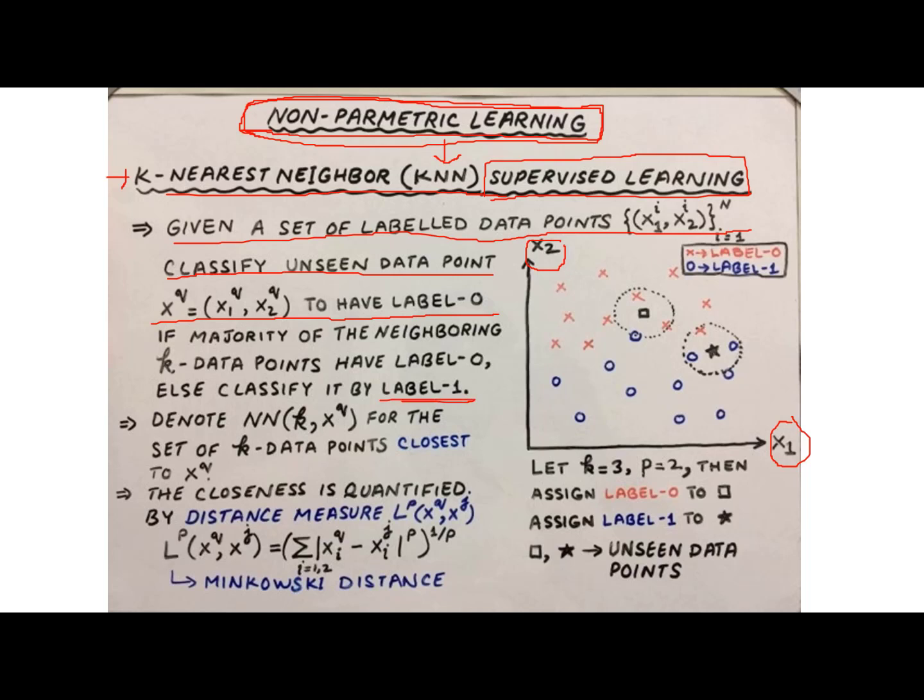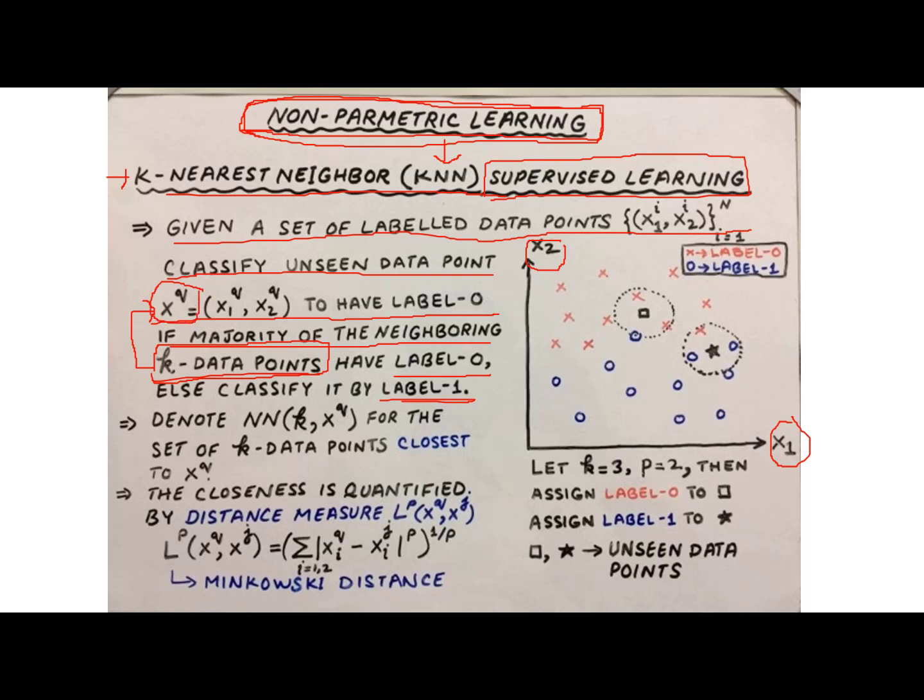The criterion of this classification is very interesting. We say that if the majority of the neighboring k data points, that is the data points in the neighborhood of xq, let's take k of those data points, and assuming that k is an odd number, if the majority has label 0, then xq will also be classified with label 0.